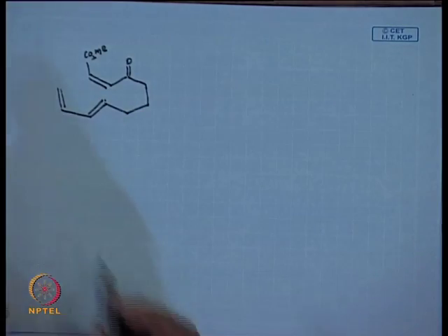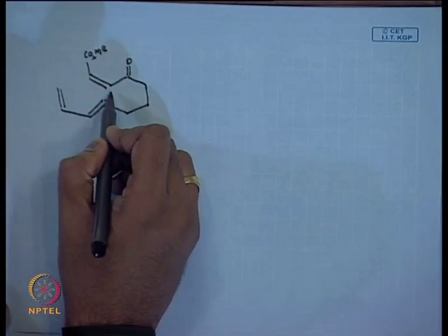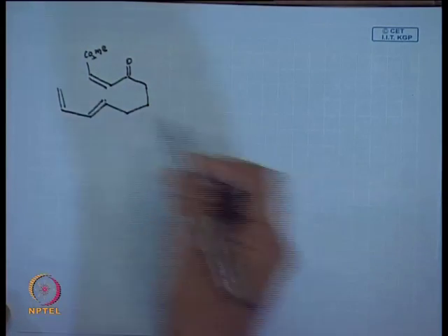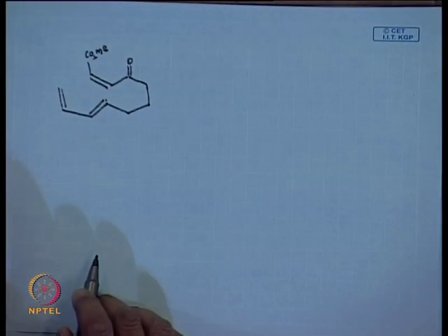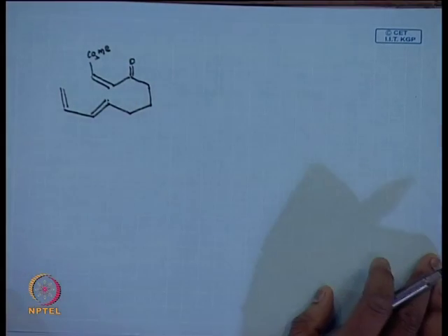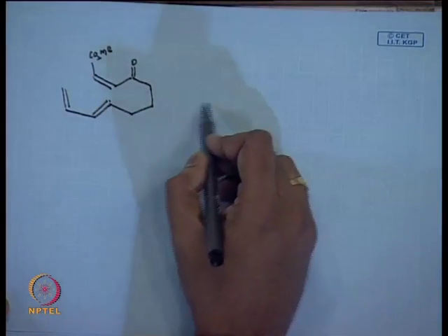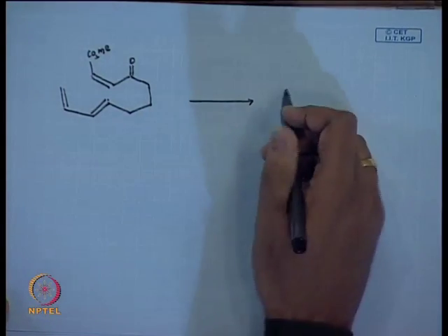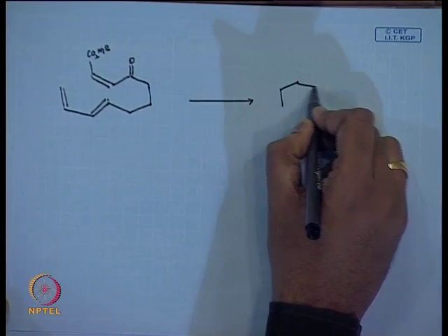Okay, if I take this olefin, which is the cis one, yeah, cis olefin we are taking because hydrogen is hydrogen, and see what happens in this case. Once we do this reaction, okay, we get a product.